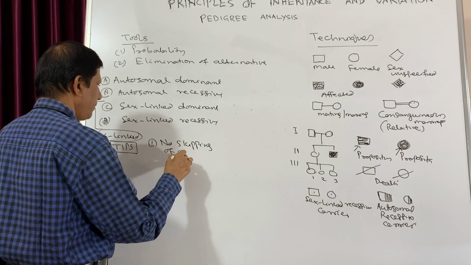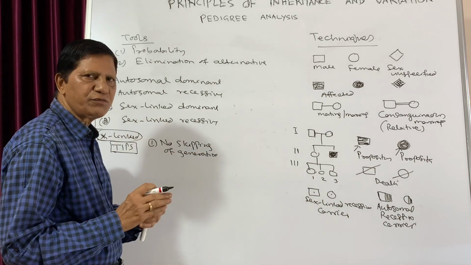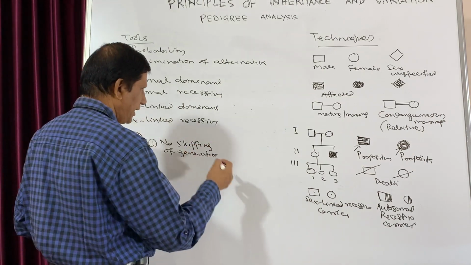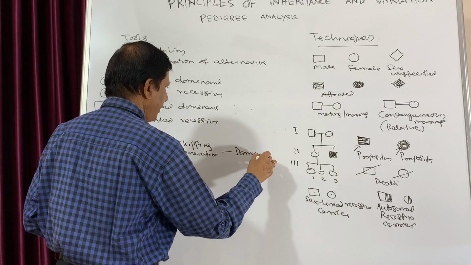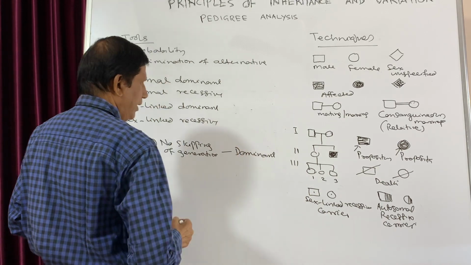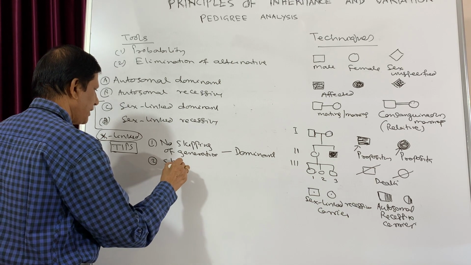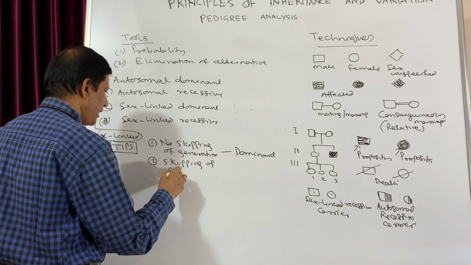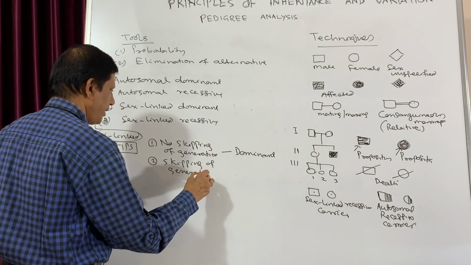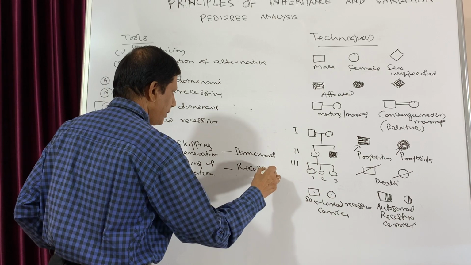That means the trait is found in all generations. So in that case, it is dominant. Now, the second point, skipping of generation. Then most probably it is recessive.